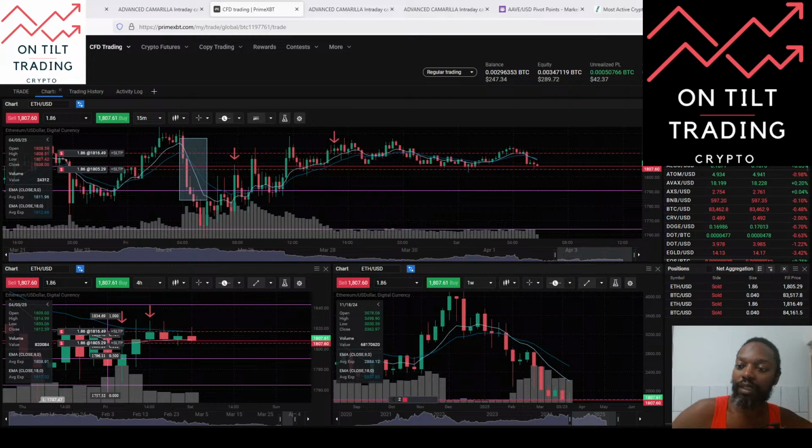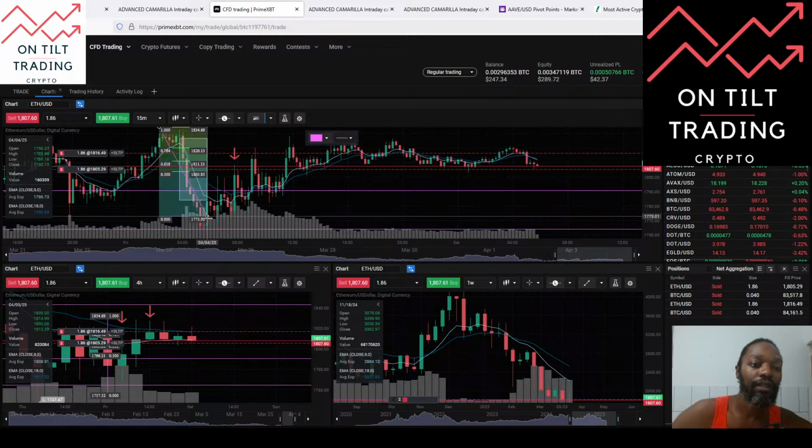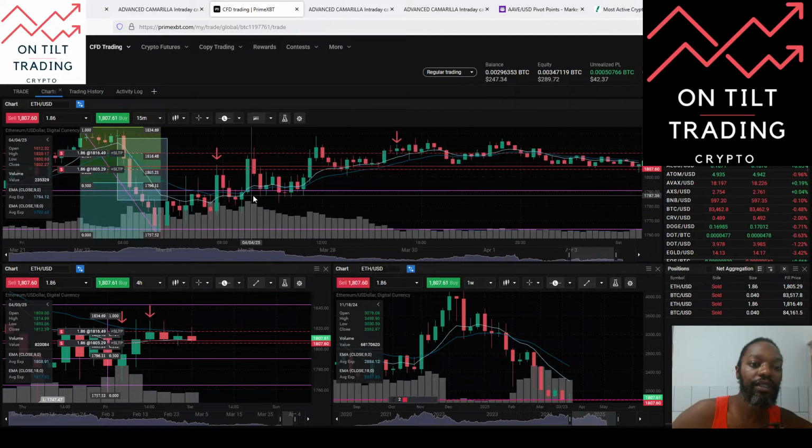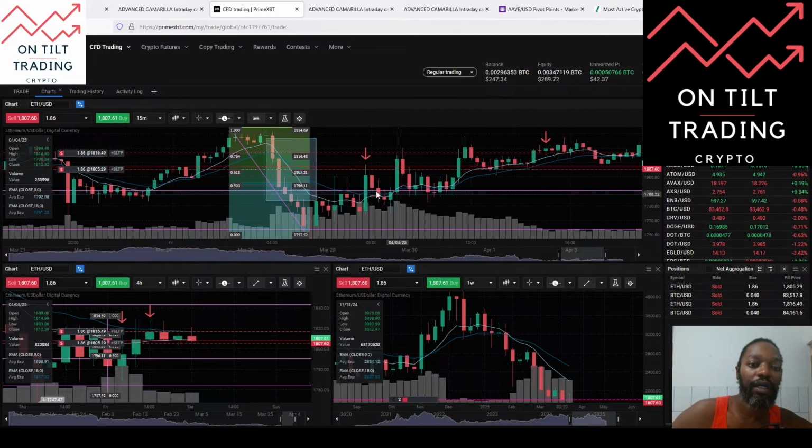But I was able to get these right on the levels. So you can see if I zoom in, pretty much right at the technical level there. And this is something that I'm working on. Ideally, I would only be looking for one entry right in this area here.